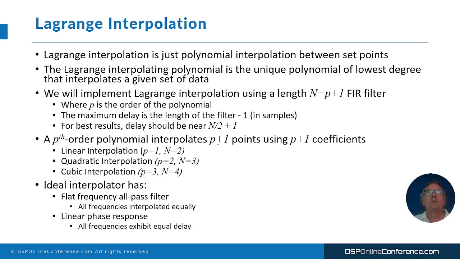The Lagrange polynomial is just a unique polynomial of lowest degree, i.e. it's sort of the minimum number of coefficients really to get a good interpolation. We can use Lagrange polynomials of different orders depending on the specific requirements, and of course the number of coefficients in our filter n is going to be equal to the order of the polynomial plus 1.